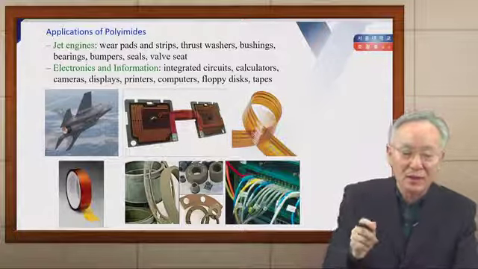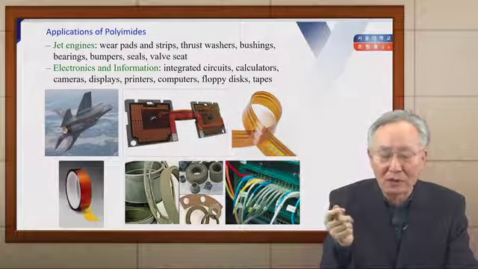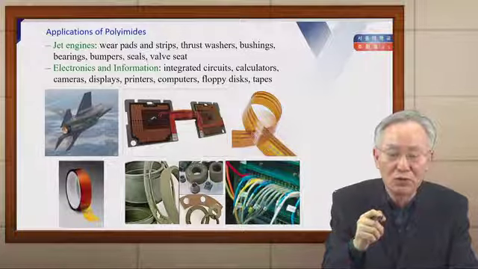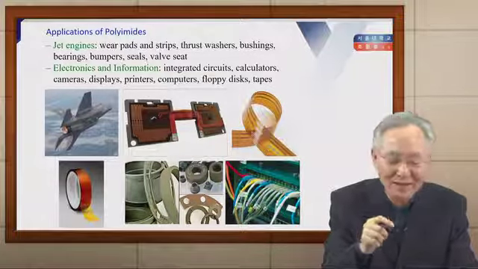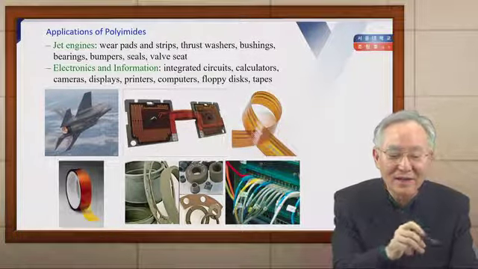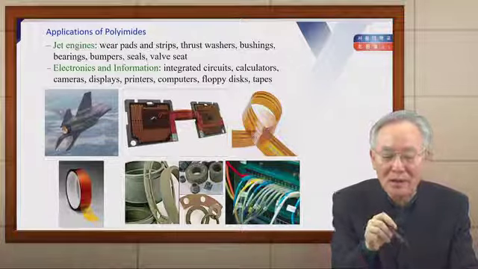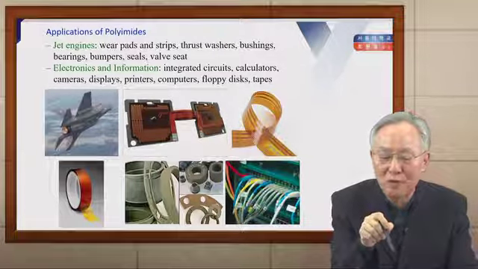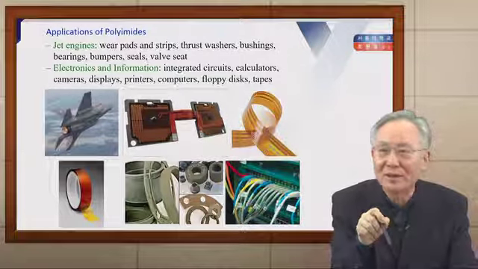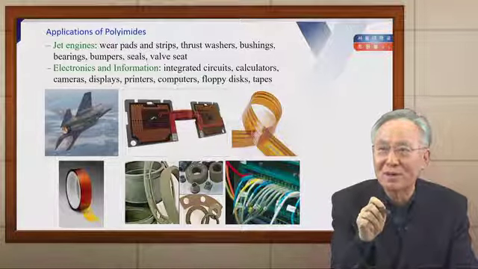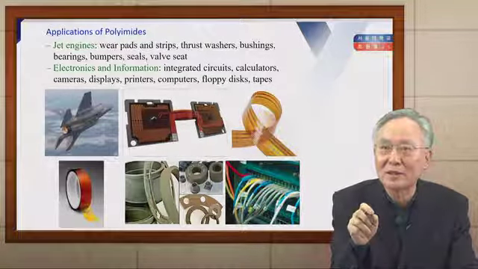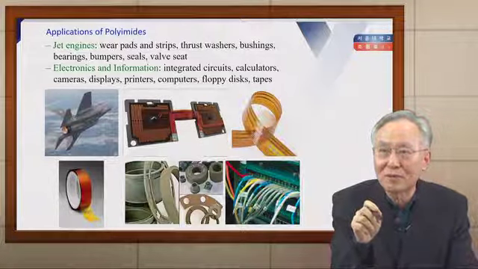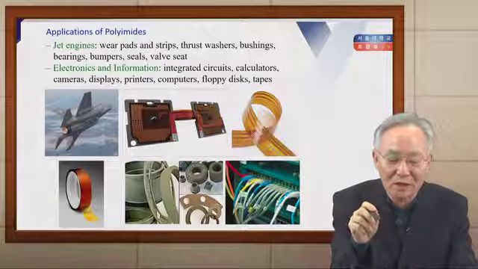The applications of polyimides are very wide. Particularly, polyimides can be used for jet engines. In jet engines, wheel pairs and strips, thrust washers, bushings, bearings, bumpers, seals, and valve seats are made of polyimides. Also, polyimides can be used for electronics and information technology.